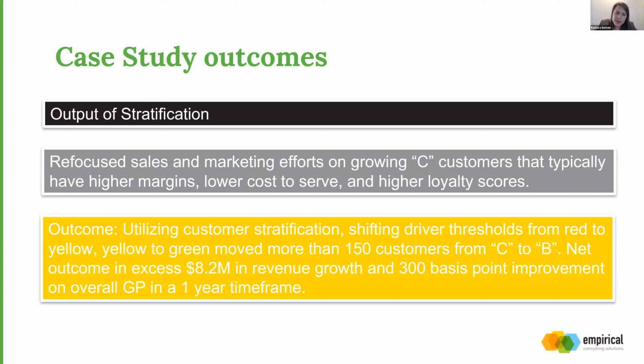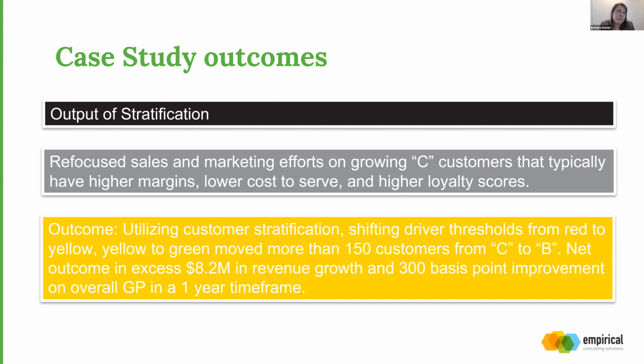So after working with them and after stratifying and operationalizing that stratification, what were we able to achieve? Well, the company really focused its marketing efforts in a much less random manner now that they had this information. It directed attention towards growing a select group of customers and shifting them from that giant marginal bucket to opportunistic, and some actually even moved into the core group.